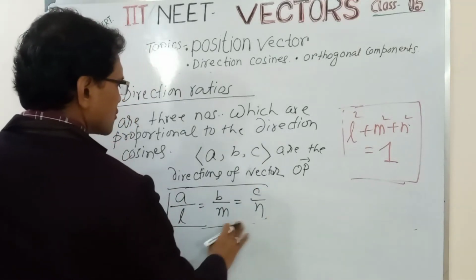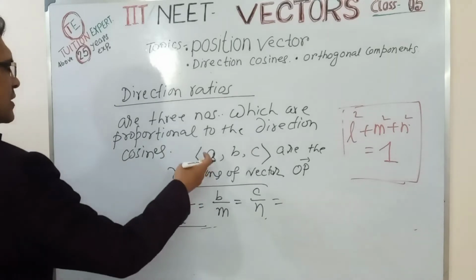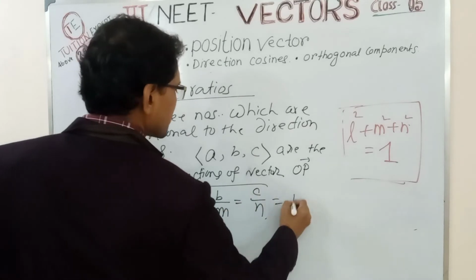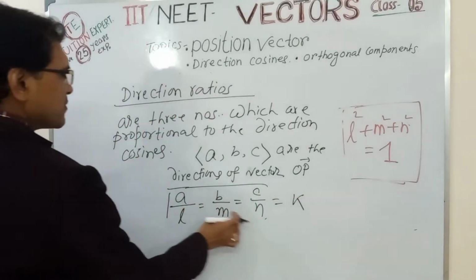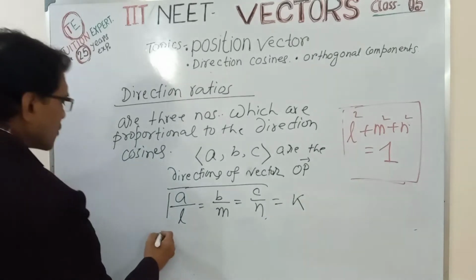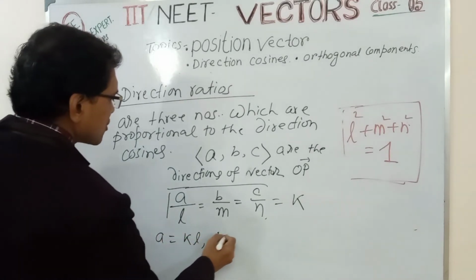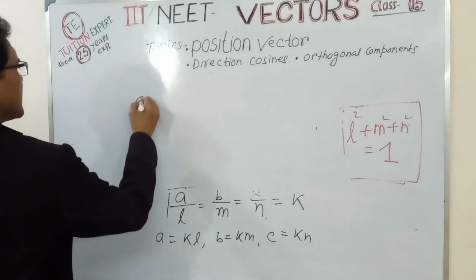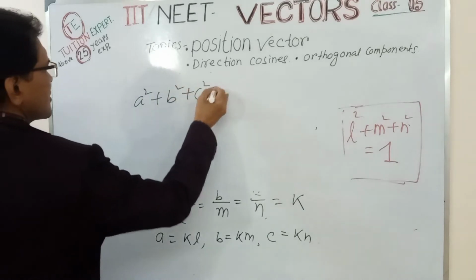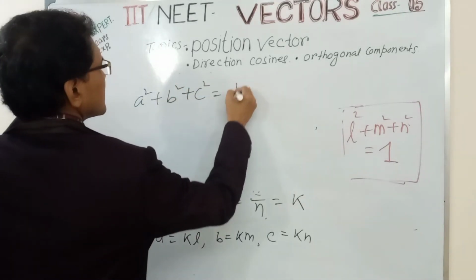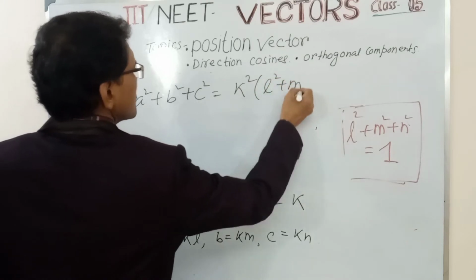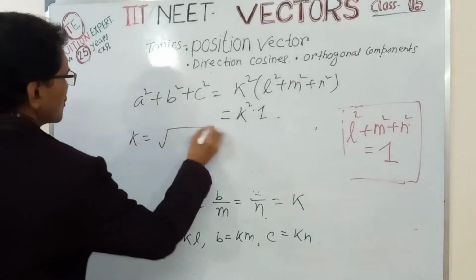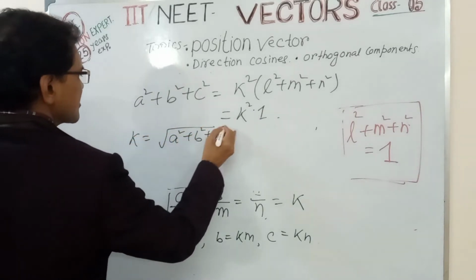So suppose you are given a, b, c and we have to find l, m, n. Let that common ratio be k. So a equals kl, b equals km, and c equals kn. Now we get a square plus b square plus c square equals k square, since l square plus m square plus n square equals 1. So k equals the square root of this.